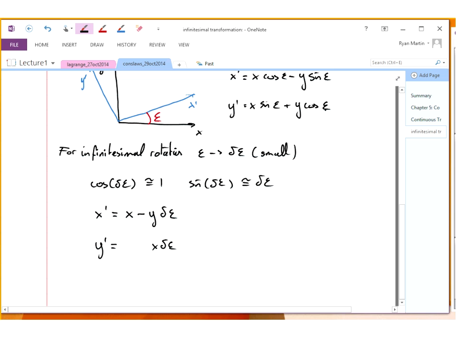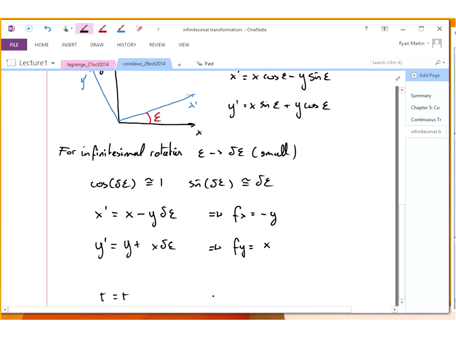is x times sine delta epsilon. So that's x delta epsilon plus y cos of epsilon, and cos of epsilon is roughly equal to 1. So you can write the infinitesimal rotation this way. And so that tells us that fx is equal to minus y, and fy is equal to x.